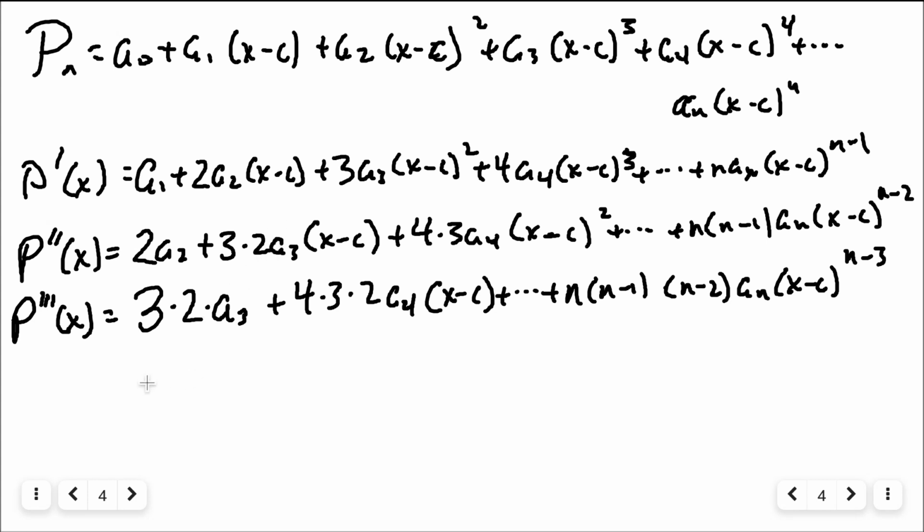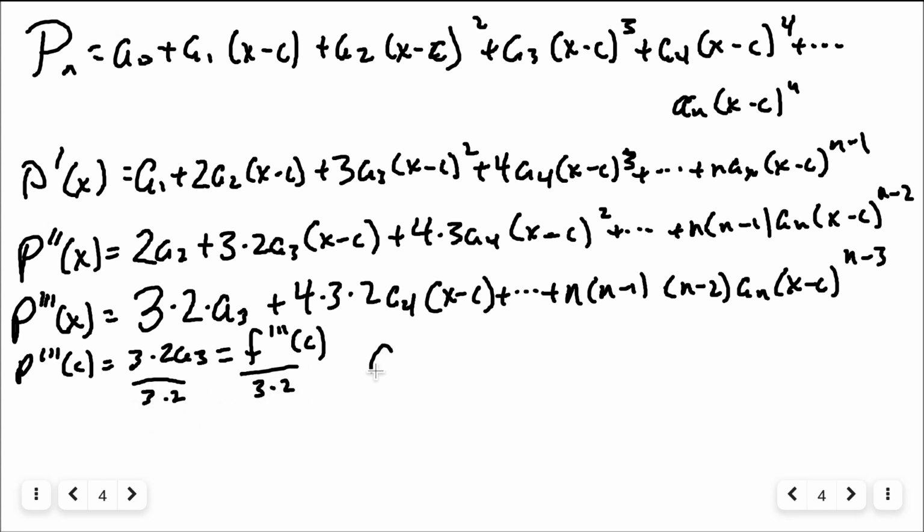So now if I were to find f triple prime of c, or p triple prime of c, all of these terms would drop out, everything to the right of 3 times 2, a3. And that's going to equal f triple prime of c. So if I divide both sides by 3 times 2, I get a sub 3 is equal to f triple prime of c over 3 times 2.